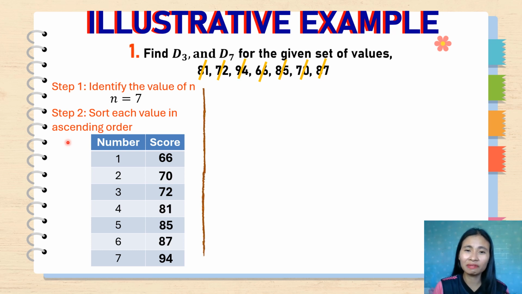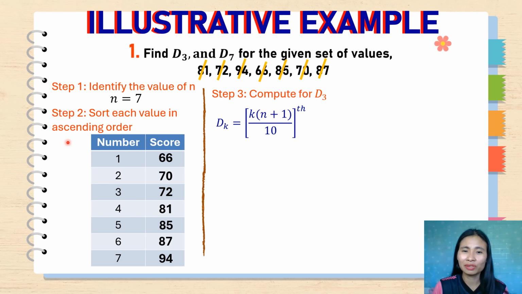Next is using the formula for decile, which is k times the quantity of n plus 1 divided by 10. Now, just to make it clear, whatever comes out as the result here is not yet our decile. That is still the rank position of the decile. Substituting, the value of k is 3, and n is 7, since there are 7 data.